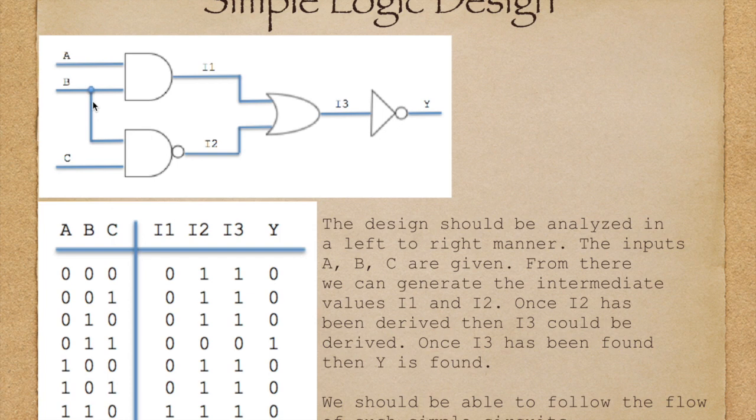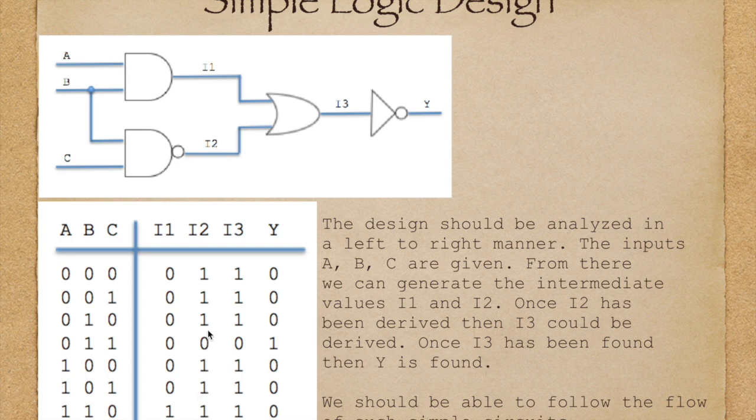Now we look here, now we have B and C contributing to I2, and we know it's only if this is a 1 and this is a 1, I2 will be 0. So now following down through B, C, when they're both 1, I2 is a 0, and we have that case one more time here, I2 is a 0.